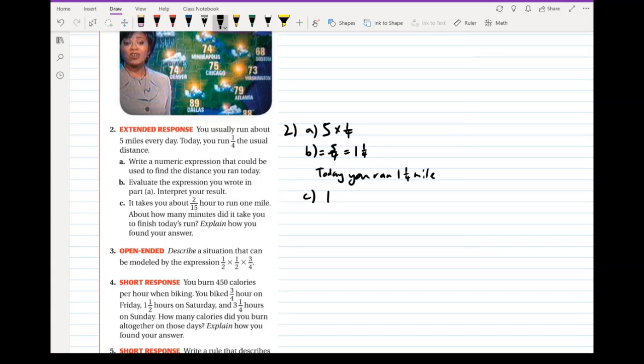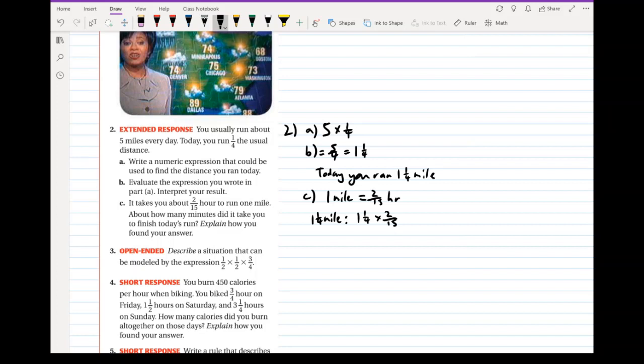So if 1 mile equals 2/15 of an hour, if we ran 2 miles, all we have to do is multiply that by 2. If we ran 3 miles, we multiply it by 3. And today we ran 1 1/4 mile, which means that for 1 1/4 mile, we have to do 1 1/4 multiplied by 2/15.